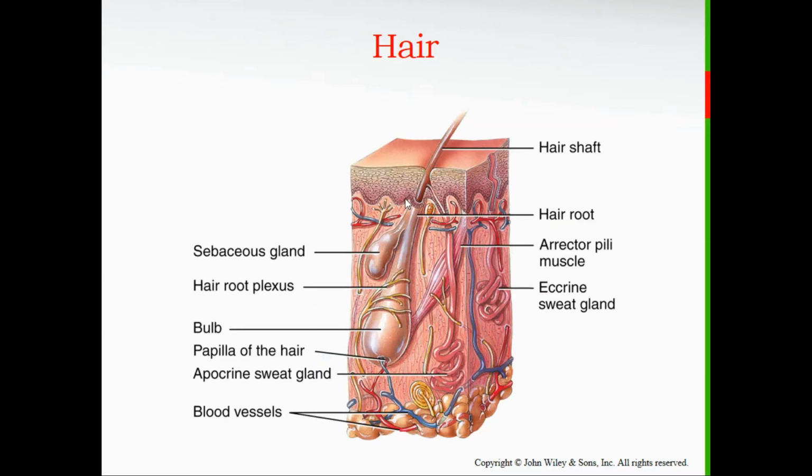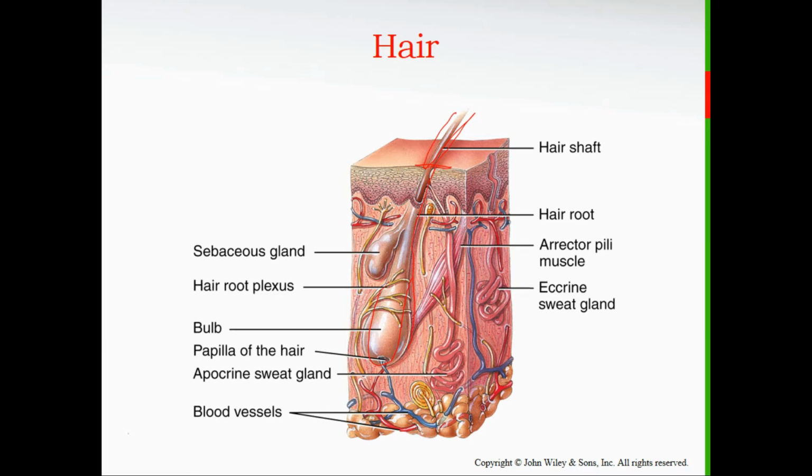So here we have, again, the skin cube showing us the diagram of the different parts. So again, above the skin, this is all going to be the hair shaft. Anything inside the skin is going to be the hair root. And then we have this protective sheath around the root, and that is the follicle.